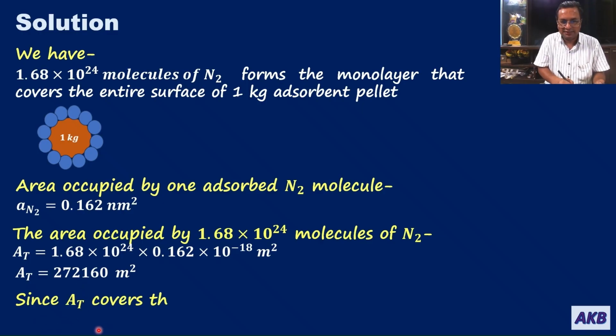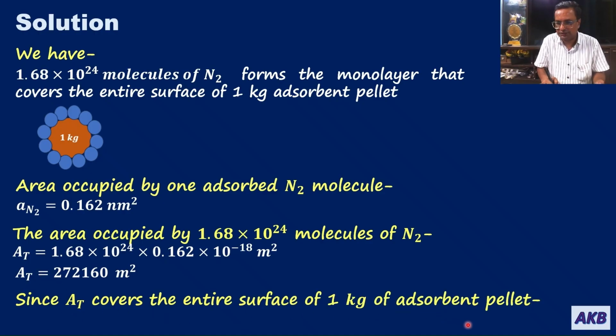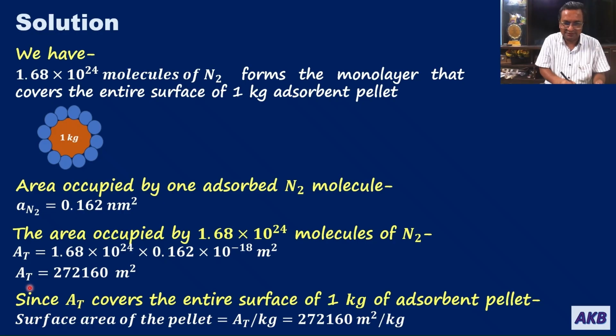So the meaning is, since A_T, this area, covers the entire surface of 1 kg of adsorbent pellet, the surface area of the pellet is nothing but A_T. So the surface area of the pellet will be A_T per kg of adsorbent, that is 272,160 meter square per kg, the specific surface area in meter square per kg. So in this way, we get the surface area for the pellet.